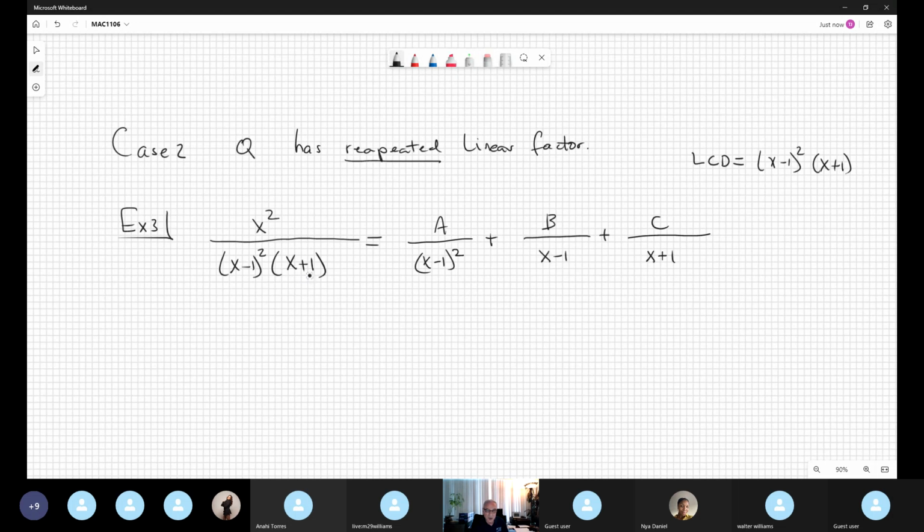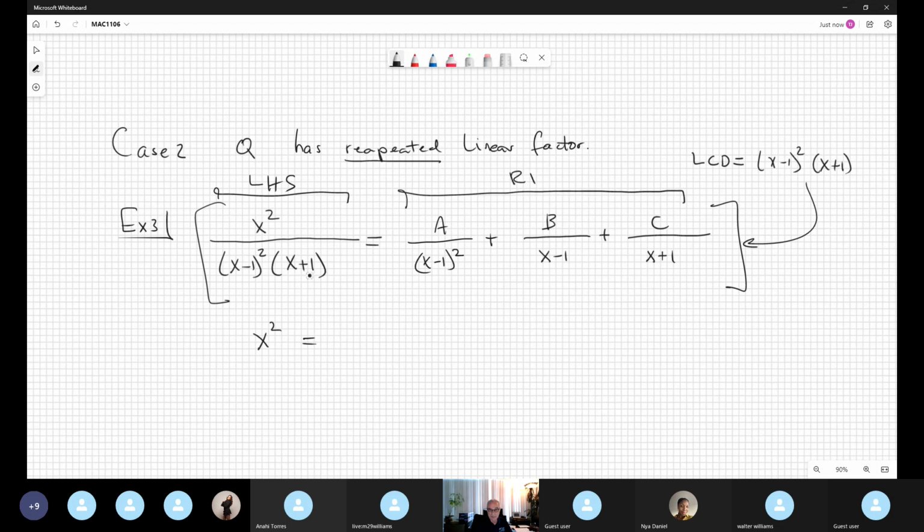Okay, I want to recall this because it's always confusing. You multiply everything by this. It's obvious that on the left-hand side, only x squared stays alive. Correct? And now on the right-hand side, we have 3 terms. In the first multiplication, you eliminate this and this, and stay a times x plus 1, plus b.